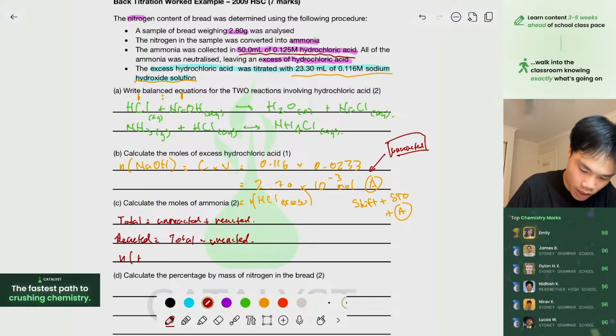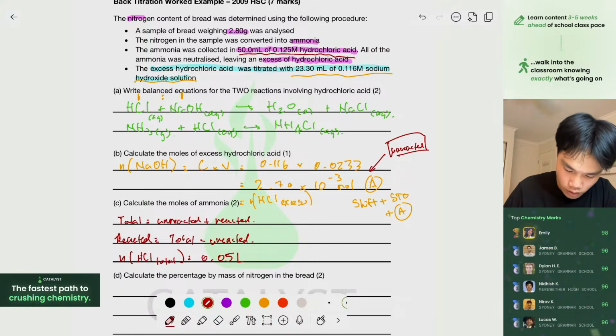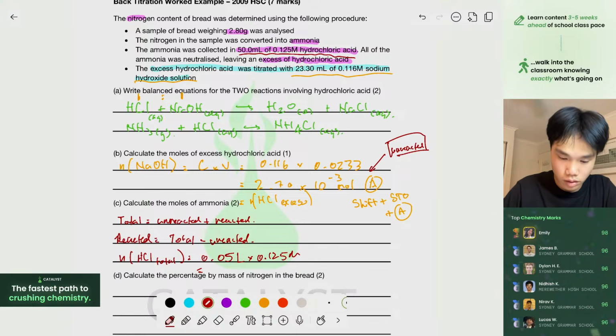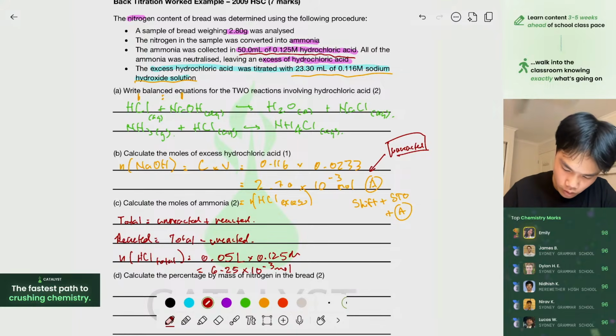The moles of HCl total is equal to 0.05 liters times 0.125 molar. And that gives 6.25 times 10 to the negative 3 moles.